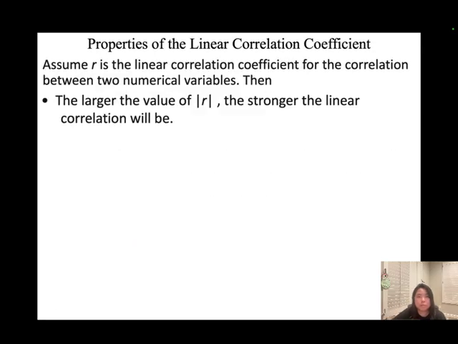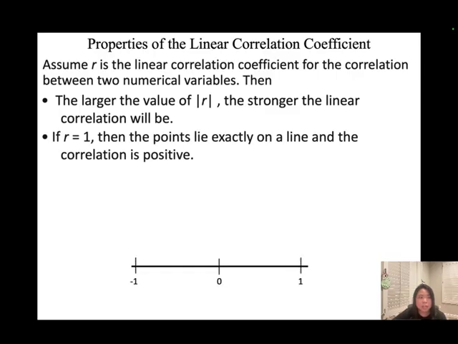Okay, more properties of the linear correlation coefficient. The larger the value of R, the stronger the linear correlation will be. And if R equals 1, then the points lie exactly on the line and the correlation is positive. So when R equals 1, from the previous slide, we do have the example.